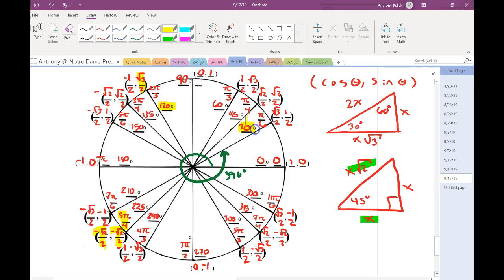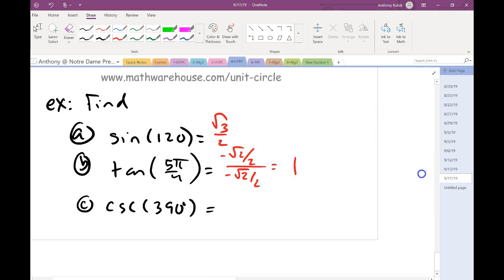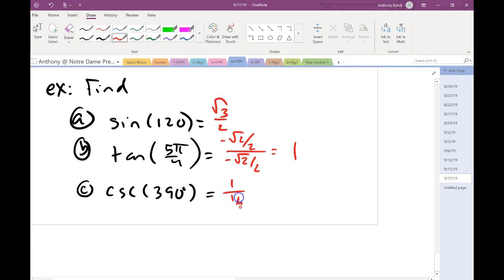So really, I just care about this 30-degree angle. I remember that cosecant is the reciprocal of sine. So I'm going to be using the reciprocal of 1/2, which simplifies to 2.